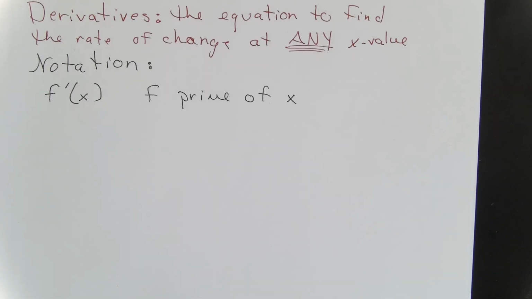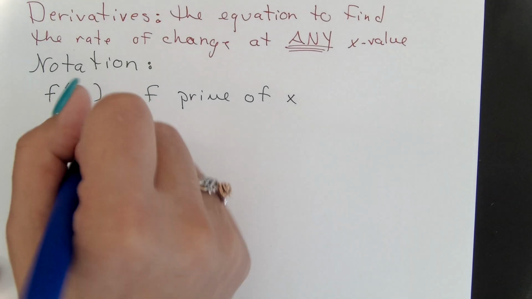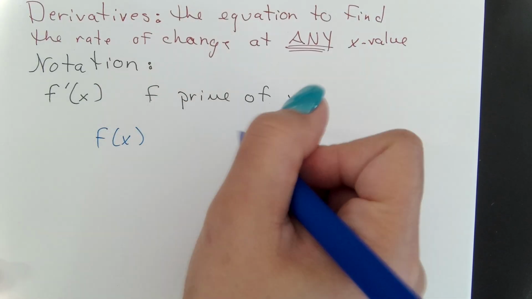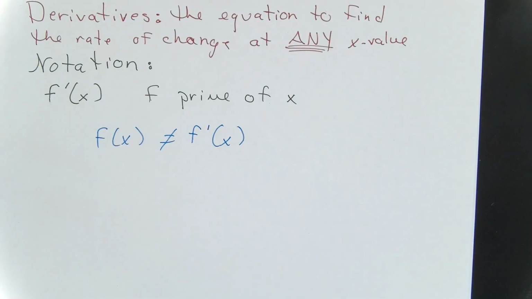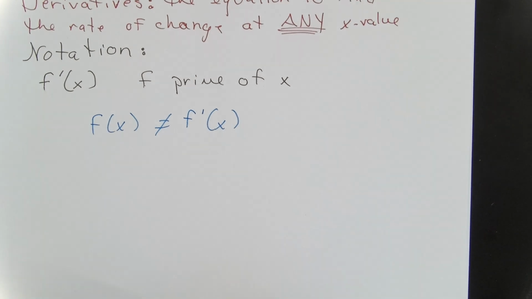That implies that it is automatically a derivative. It is not a function. It is a function, but it's not your original function. These two things are not the same. There's only like 2 instances where you get the same answer. But if we have f of x, we do not assume that they are equal.